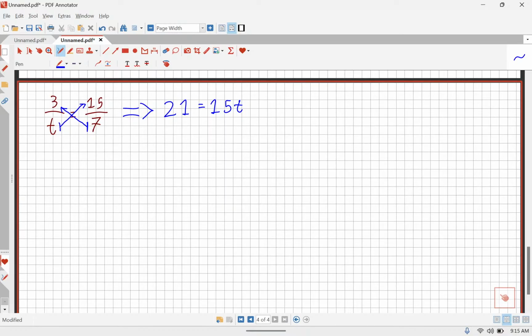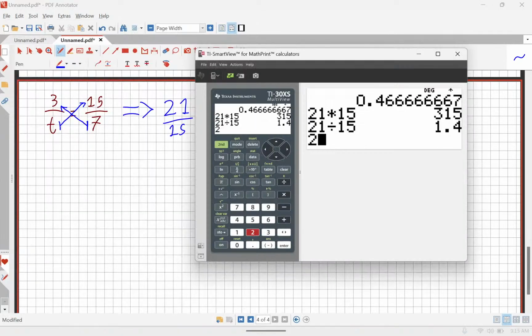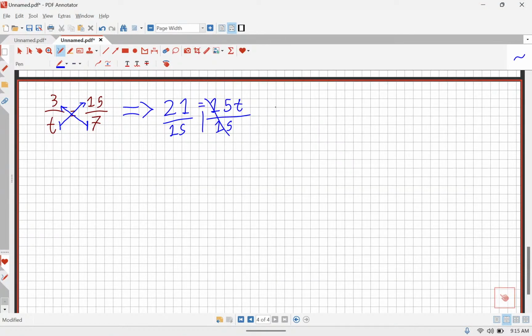T times 15, that's my new right side. And that's a one-step equation that's really easy to solve, and it actually involves exactly 0 nasty numbers until you get to the end. That can be the most efficient way to do these, and that would make t equal to 1.4, just like the last one. Let's see what you guys can do with that.